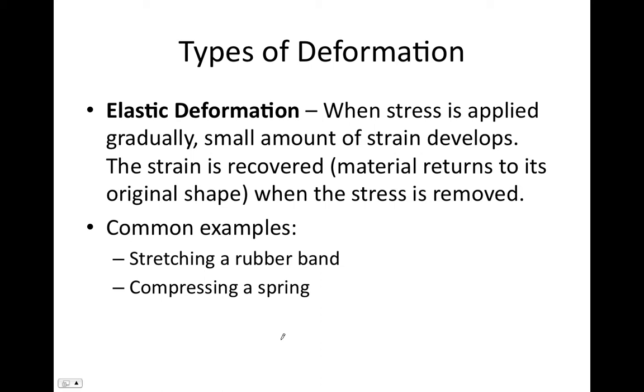It usually occurs when there's only a small amount of strain or a small amount of deformation. What makes it elastic is whenever the stress is relieved, the strain is recovered, which means the material returns to its original shape. Just like a rubber band is elastic or a spring is elastic. If you apply stress to them and they accumulate strain, you let go of them, being elastic, they return to their original shape.